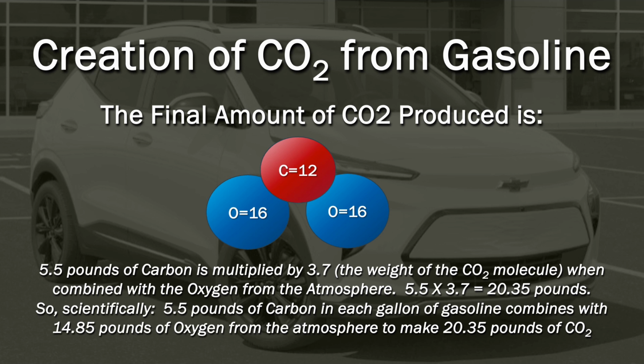So the final amount of carbon dioxide produced is 5.5 pounds of carbon multiplied by 3.7, the weight of the CO2 molecule when combined with oxygen from the atmosphere. So 5.5 times 3.7 equals 20.35 pounds. Scientifically, 5.5 pounds of carbon in each gallon of gasoline combines with 14.85 pounds of oxygen from the atmosphere to make 20.35 pounds of carbon dioxide.